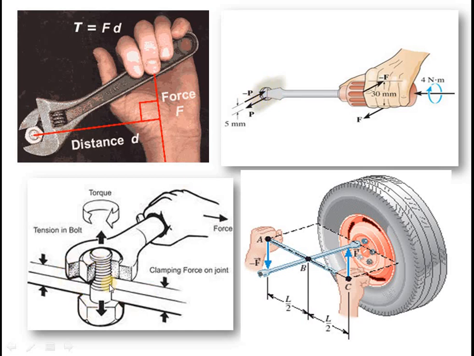Similarly, you must have seen a railway track, how they tighten the railway track, girders and all. Another situation is the removal of a car tire, where the tire is properly bolted with the car body. These are different physical situations where we can see the role of torque in our daily life.